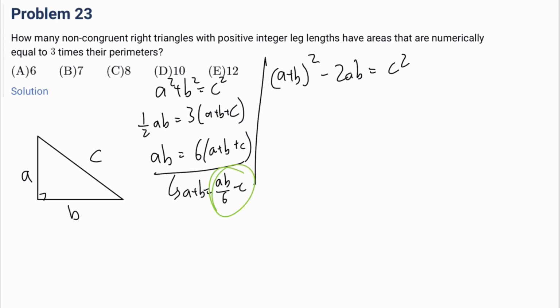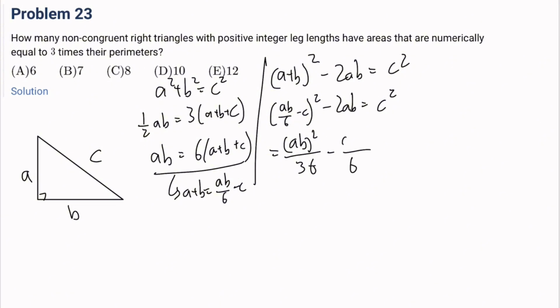And so if we substitute that into here, that will give us (AB over 6 minus C) squared minus 2AB equals C squared. And this is AB squared over 36, minus ABC over 3, minus 2AB, plus C squared equals C squared.